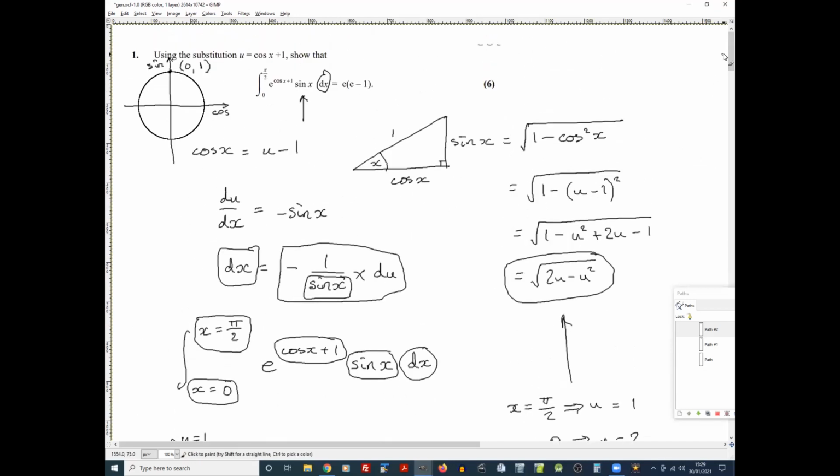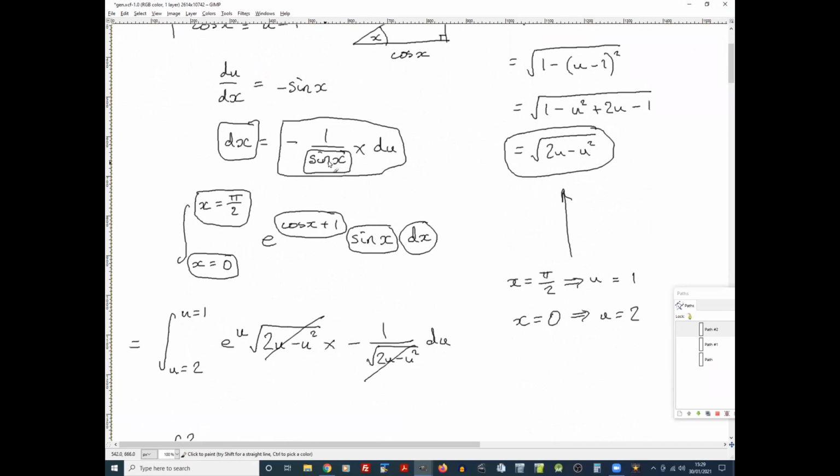Oh, do I need to substitute for this or that? Well, if in doubt, be absolutely strict with everything. When you've differentiated u with respect to x, and you've got another mention of x, try and replace that as well, and do what we did here. Although it is overkill, because the sine x's would have cancelled anyway.